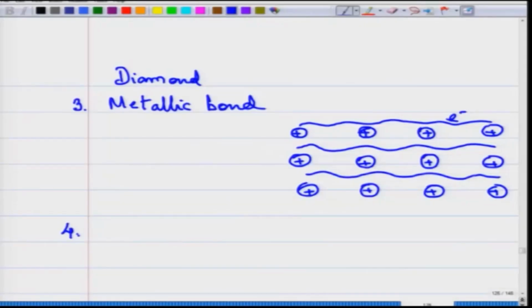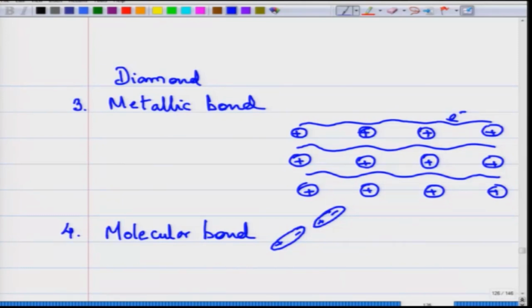The fourth is called the molecular bond. Here the molecules or the compounds which make up the solid have dipoles inside them. So, the molecules have positive and negative ends, as a result of which there is an attraction. There is no exchange or sharing of electrons; it is just that the molecules are distorted and have positive and negative ends associated with them.